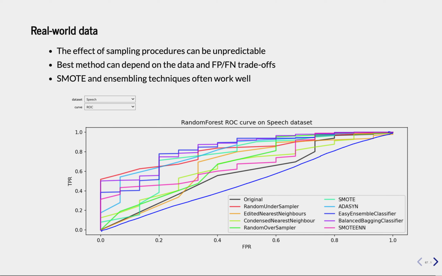We can see that basically any imputation technique gives you a better ROC curve, except perhaps for edited. Edited is a bit worse in the beginning, but then gets a lot better afterwards. If you are in the low false positive rate region, so if false positives are very important to you, the random undersampler does well here.